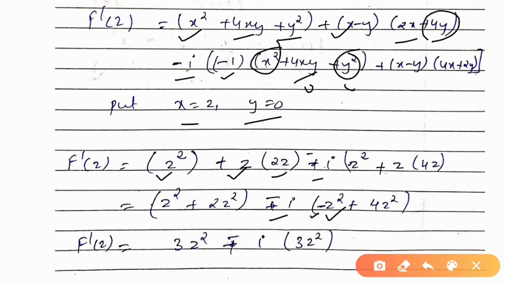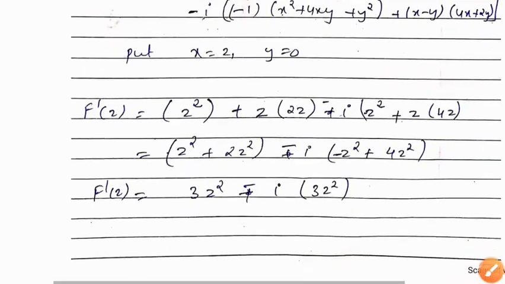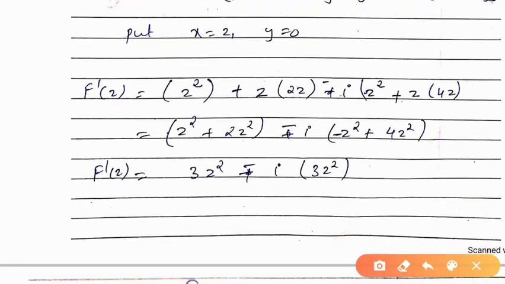Again here x I am putting z and y will become 0, so I get 4z square. Now on simplifying this, z into z will become 2z square. Here again z into z will become 4z square. So z square plus 2z square is 3z square, and minus z square plus 4z square is 3z square.